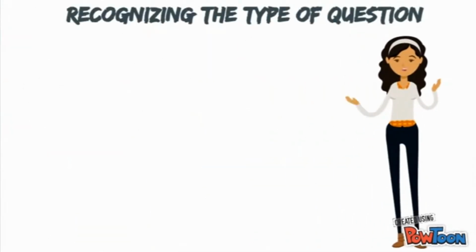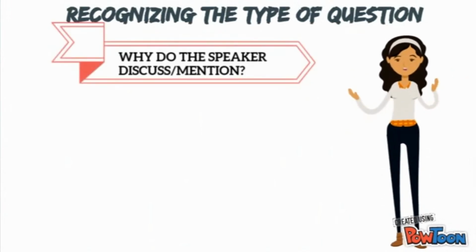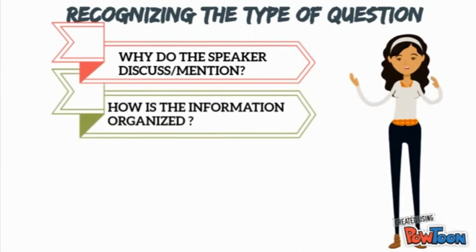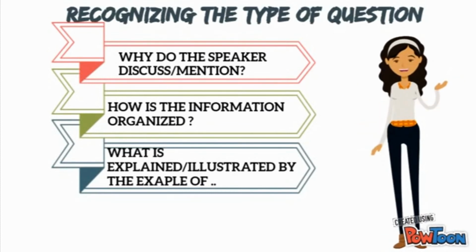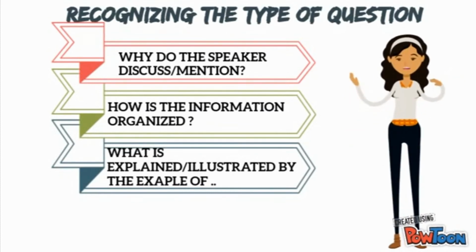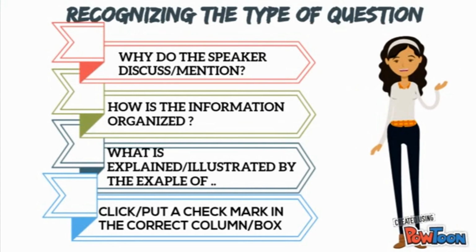You can recognize this kind of question because they use phrases like, why does the speaker discuss or mention? How is the information organized? What is explained or illustrated by the example of? Please put a check mark in the correct column or box.